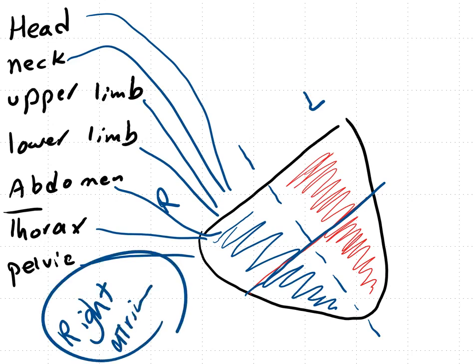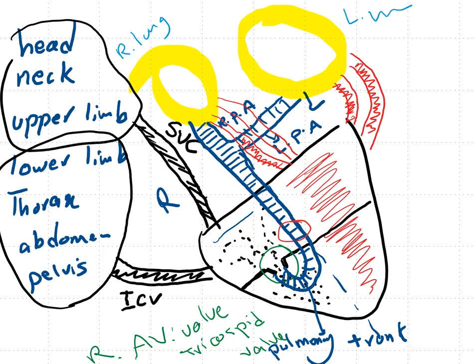For this, there are two major veins. The superior vena cava brings dirty blood from the head, neck, and upper limb, and the inferior vena cava brings dirty blood from the lower limb, thorax, abdomen, and pelvis to the right atrium.